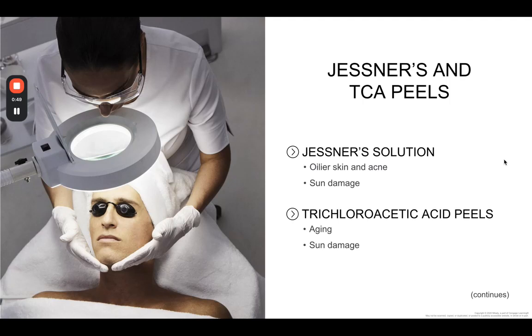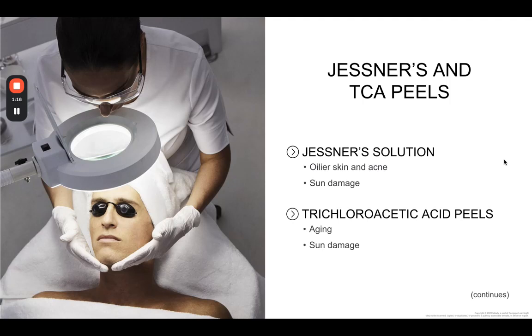Trichloroacetic acid peels are also known as TCA peels. So Jessner's, I like to say that they are like a combination, a combo peel, and then your TCA peel is just trichloroacetic acid by itself. Your Jessner's solutions are going to be great for clients that have oily or acneic skin, but also maybe be experiencing some sun damage or hyperpigmentation.